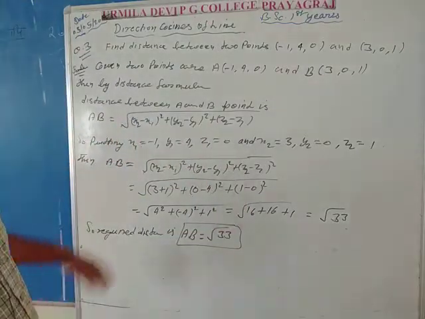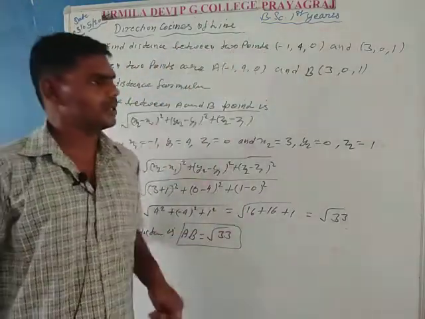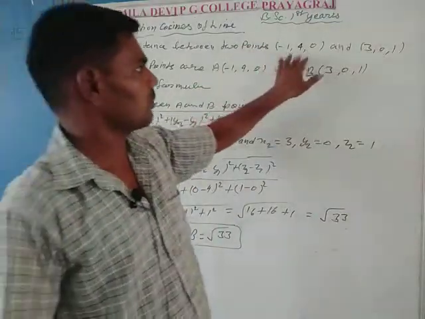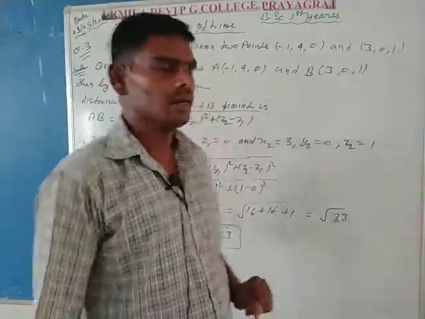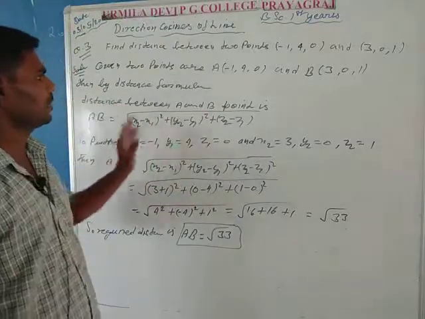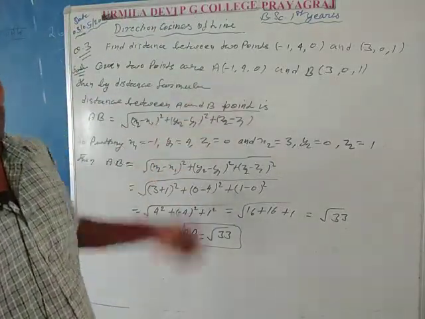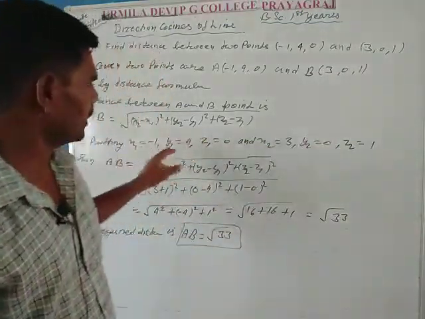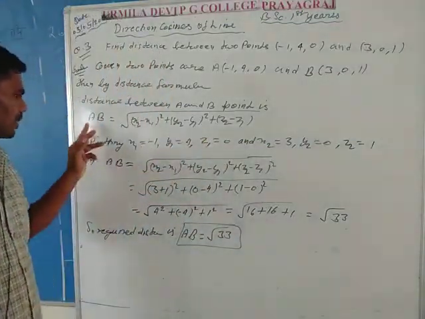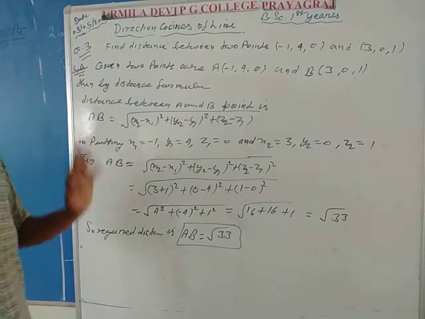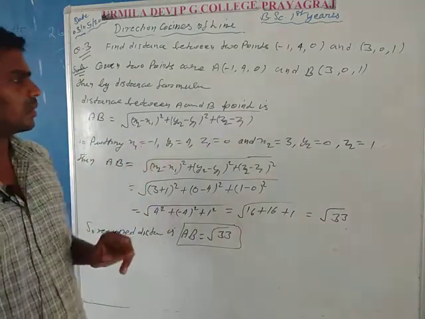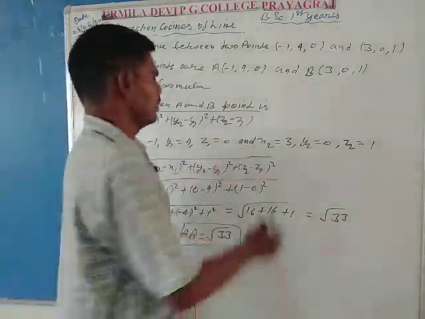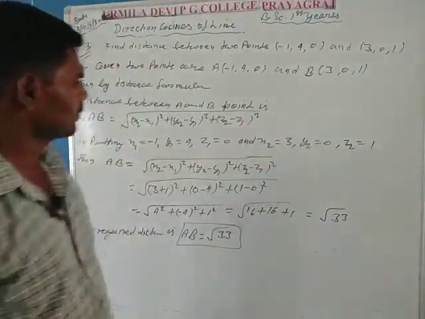In the given question, we find the distance between the given 2 points minus 1, 4, 0 and 3, 0, 1. Here we take the first point as capital A and the second point as capital B, and apply the distance formula. The distance formula is under root of (x2 minus x1) whole square plus (y2 minus y1) whole square plus (z2 minus z1) whole square.